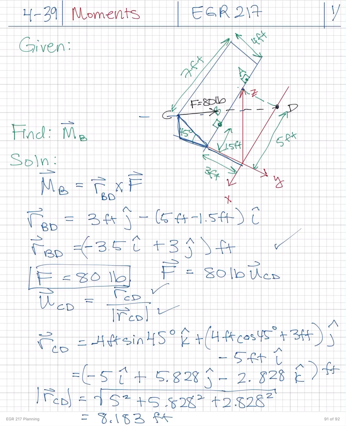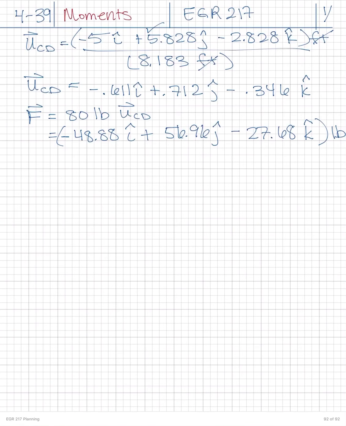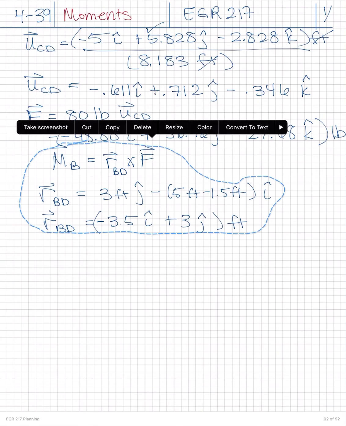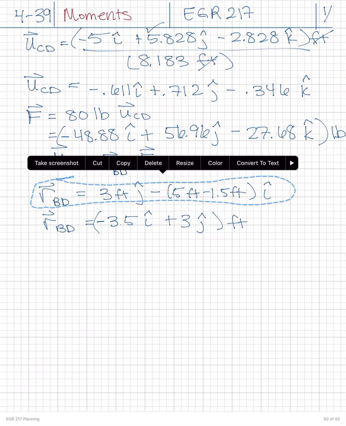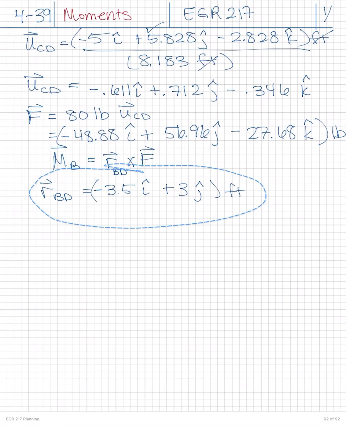So back to our equation. So we have that our moment about B equals R, or that position vector from B to D, crossed with the F. So I'm going to write it in determinant form.